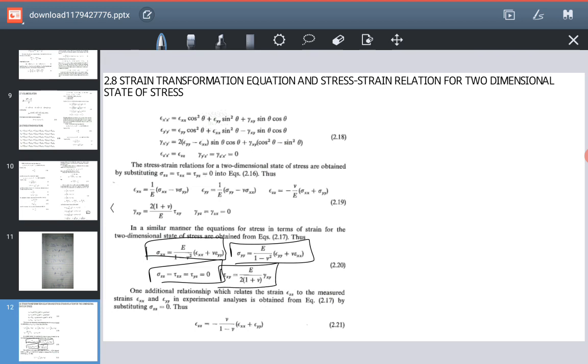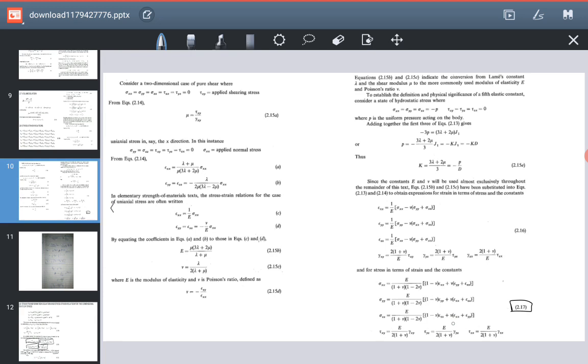So that's all for this derivation. And in the end, one additional relationship relates to epsilon zz, to be measured in experiments, and is obtained from equation 2.17 by substituting sigma zz equals to 0. So if I put sigma zz equals to 0 here, I am going to get the expression for this.